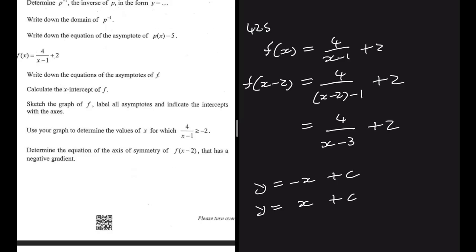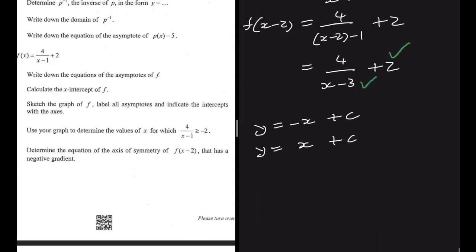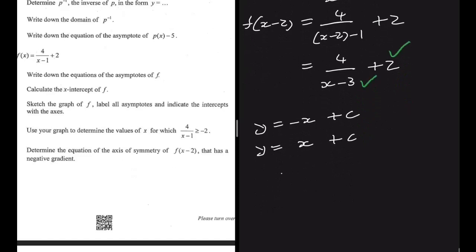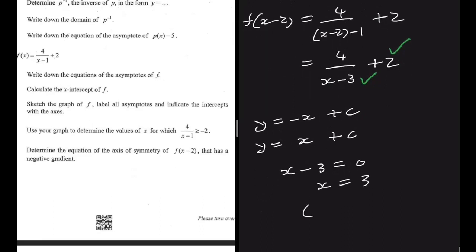So now we have to find the asymptotes of f(x − 2). Let's go ahead and do that. We know that y = 2 will be our horizontal asymptote. Now we just need to find our vertical asymptote by saying that x − 3 = 0. You're going to see that x = 3 is our vertical asymptote. So they touch when x = 3 and y = 2.